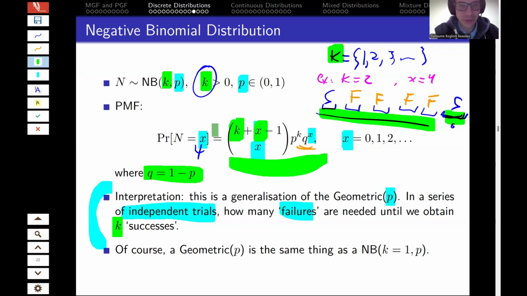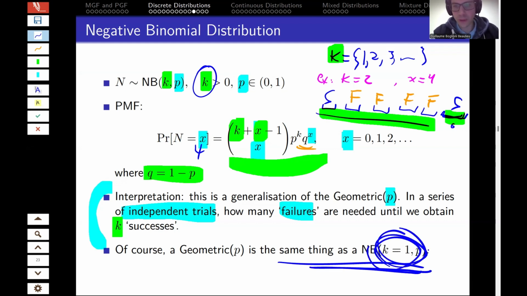It gives me the probability of exactly n being equal to x, little x. Again, this is the probability of x failures before I get my first 2 or first k successes. And here, as we mentioned, the geometric is then the same thing as a negative binomial with k equals 1.